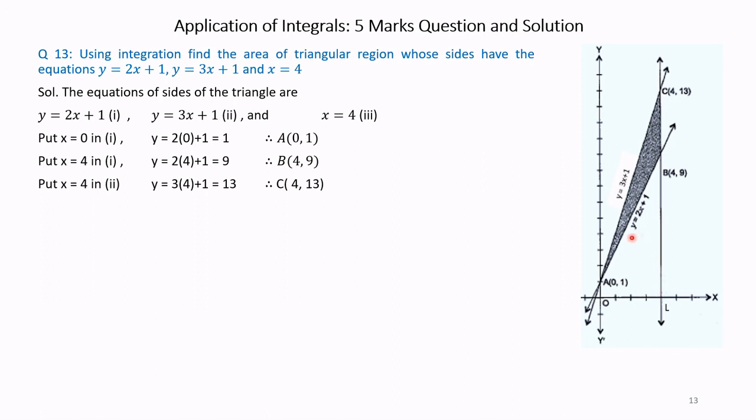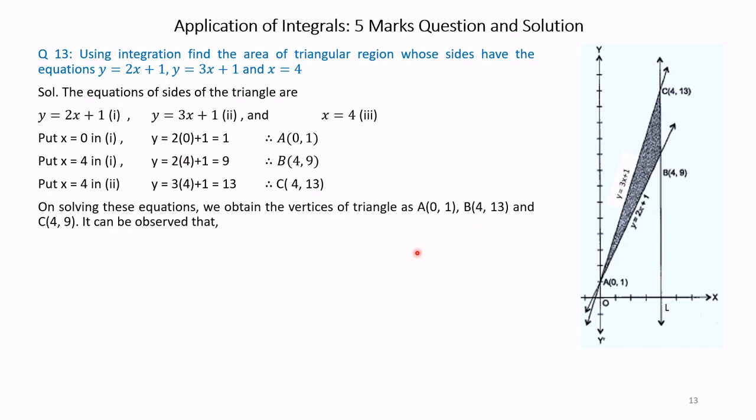So the equations are represented here. y is equal to 2x plus 1, that is line 1. y is equal to 3x plus 1, line 2. And x is equal to 4 is this line, that is BC. Let us find out.